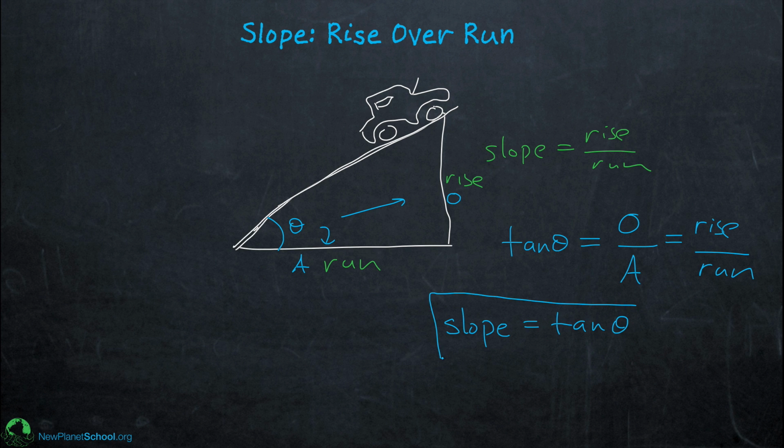And therefore, tangent theta has a physical meaning that you can relate to everyday life. Because the sine of the angle is related to opposite, the sine is kind of like the rise part, and the cosine is sort of like the run part. But in general, keep in mind that tangent theta gives you slopes.